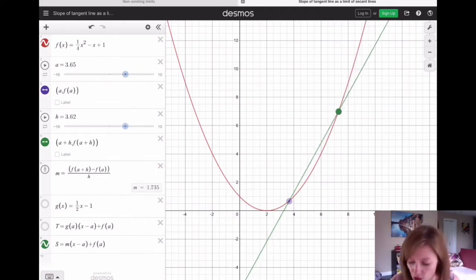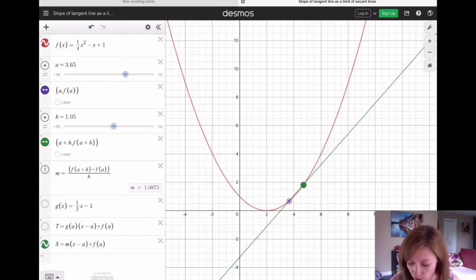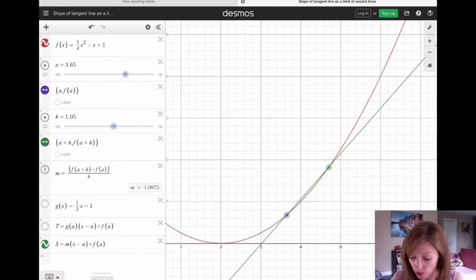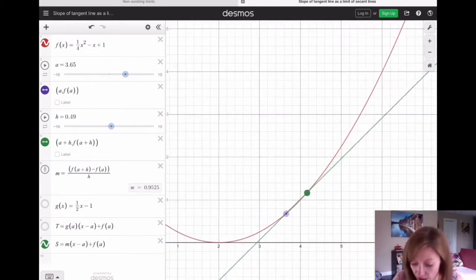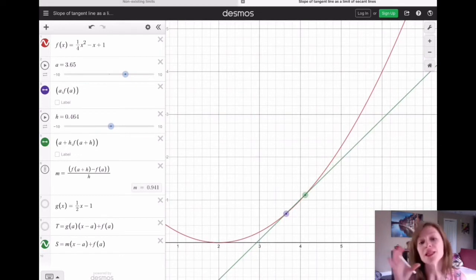But the closer I get to my purple point, even already right here, you can see how the green line really mimics the behavior of the parabola quite well. Look at this right here, they're really, really close together. And the closer I get, the more my line looks like my function.